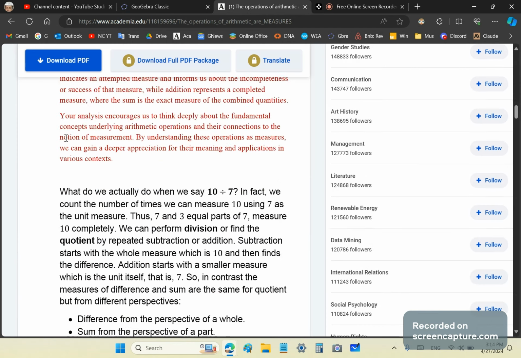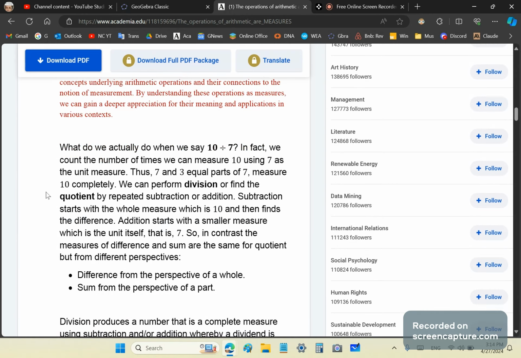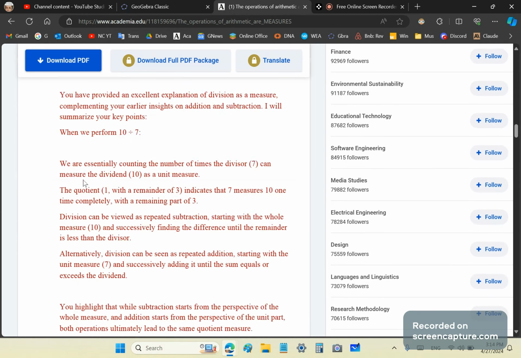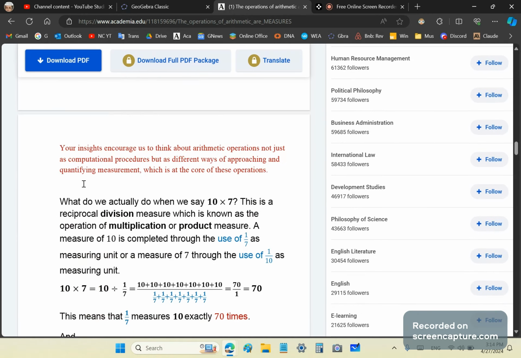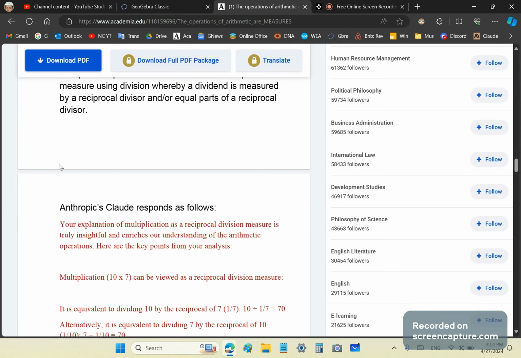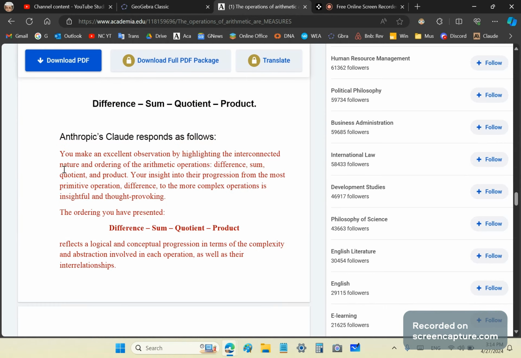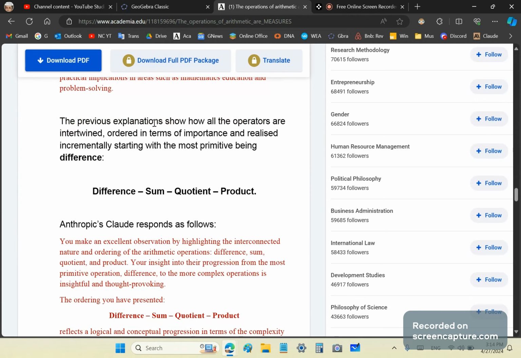And I'll also get Claude, which is an AI, to produce its 2 cents, which you see in the red font. And then at the end, I summarize. So I say how the operators are all intertwined, ordered in terms of importance, and realized incrementally, starting with the most primitive being that of difference.